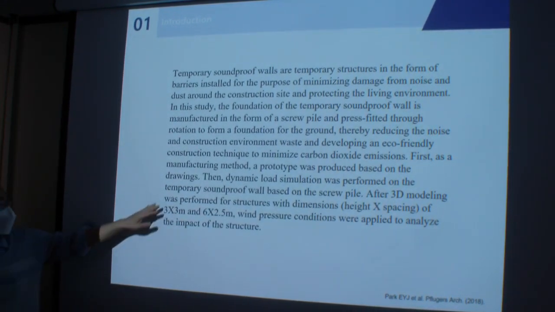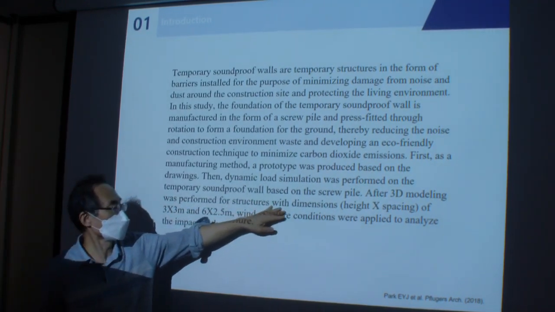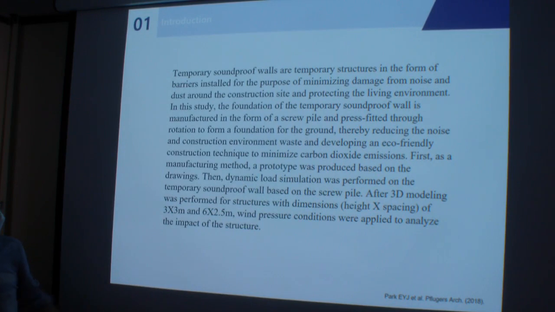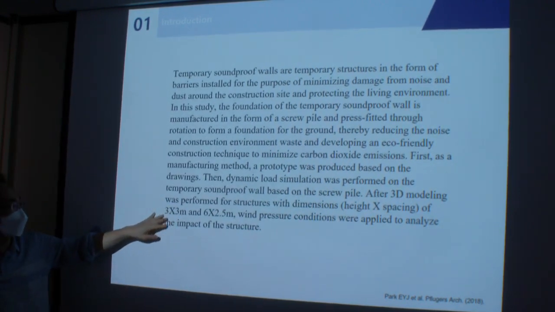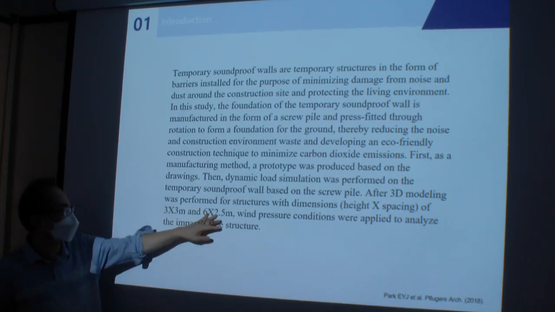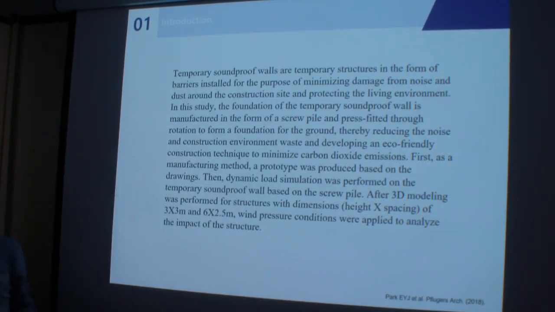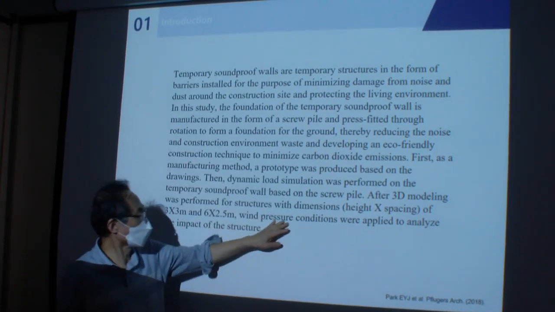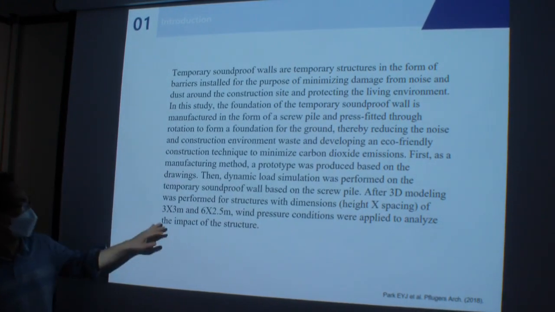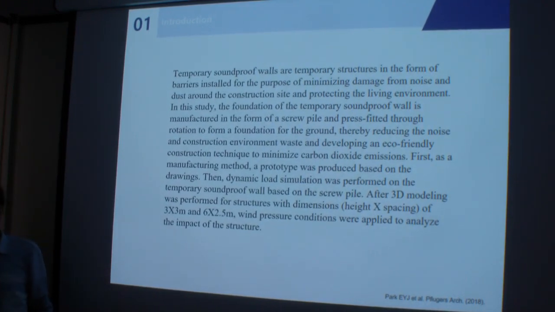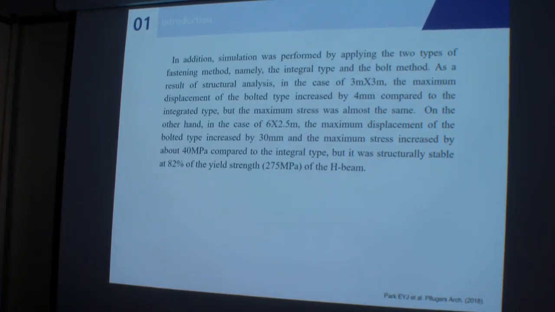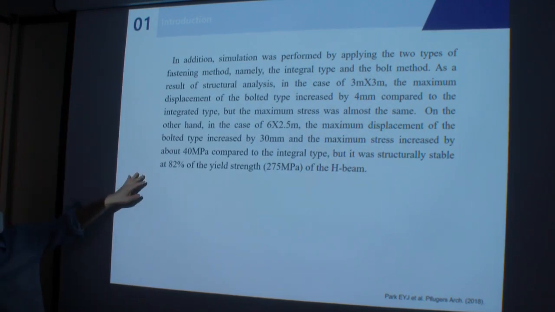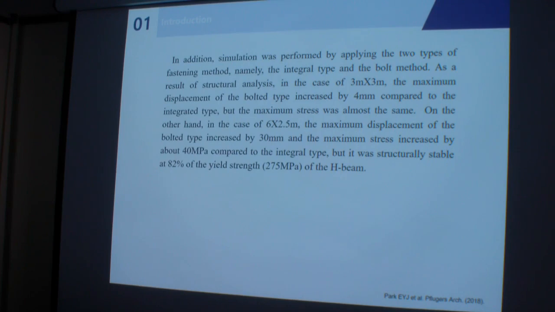After 3D modeling was performed for structures with dimensions of 3 by 3 meters and 6 by 2.5 meters, pressure conditions were applied to analyze the structure. The simulation was performed by applying two types of joining method, namely the integral type and the bolted type, and this is the result of the structural analysis.